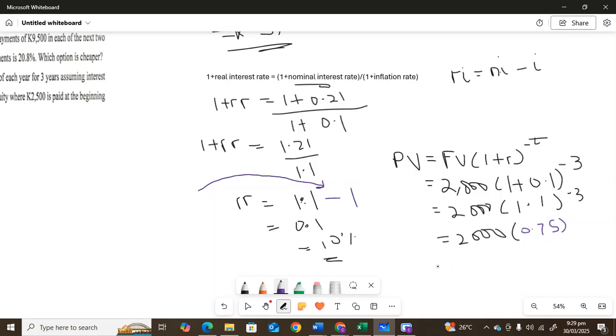Yes, 1502 kwacha and 502 point. Since there's some decimals, always leave to two decimal places because in Ngwee they're up to two decimal places. Okay, so 1502 kwacha 63 Ngwee, right? Yes. Any questions?